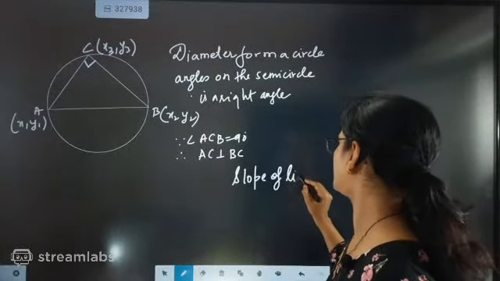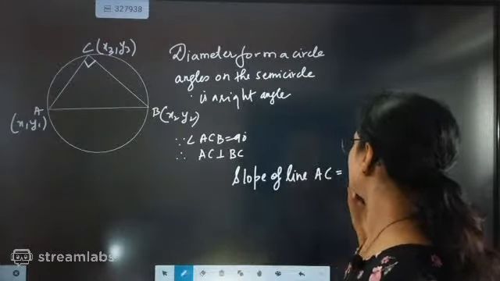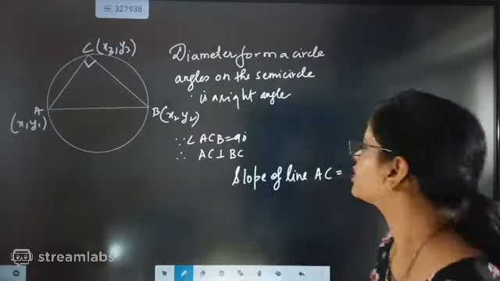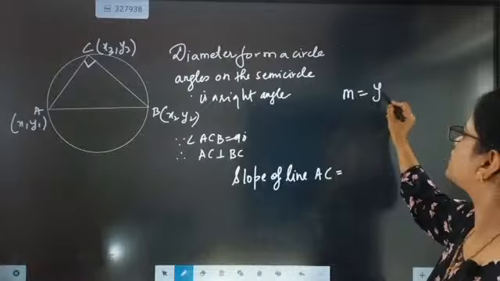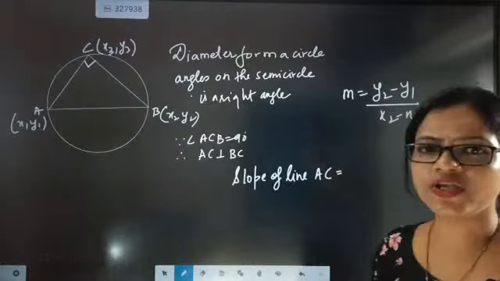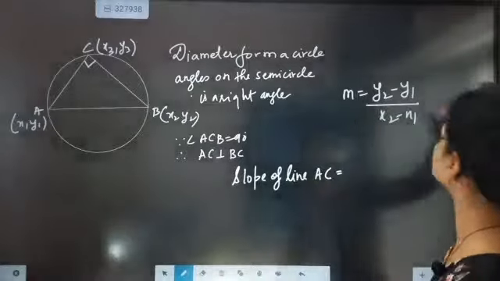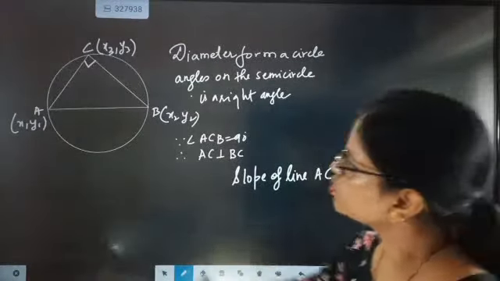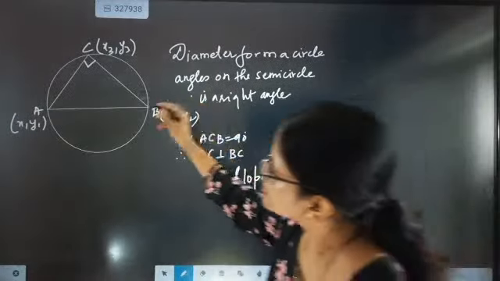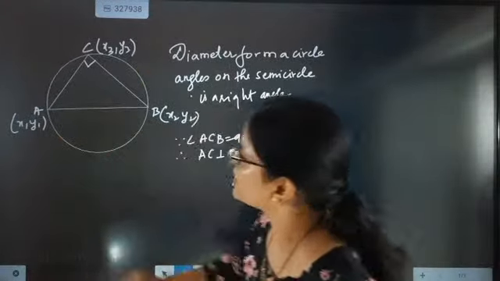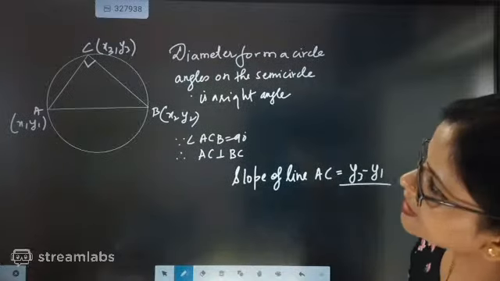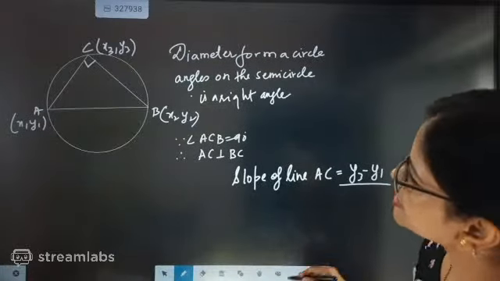Now we know the equation of a line in two-point form. Slope of line AC will be what? You know the slope equation, for the slope of a line in 2-point form: m is equal to y2 minus y1 by x2 minus x1. Like this we can write the slope equation. So here 2 points are present. Slope will become y3 minus y1 by x3 minus x1.